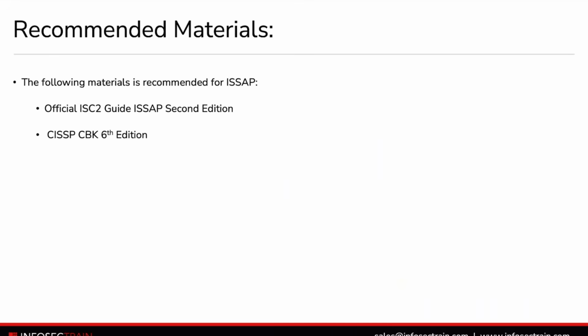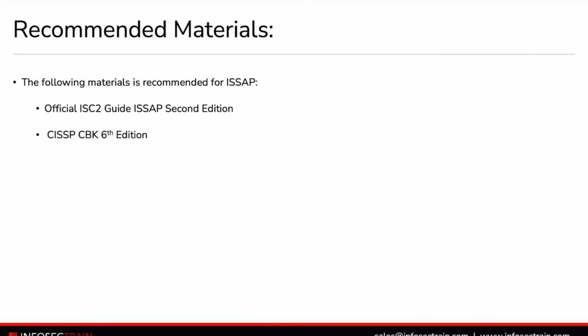Now this is specifically if you completed your CISSP around 2 years back. If you completed your CISSP 2 or 3 years back, then it is better that you first go through the entire 8 domains of CISSP and then start referring to the ISC Square ISSAP second edition.